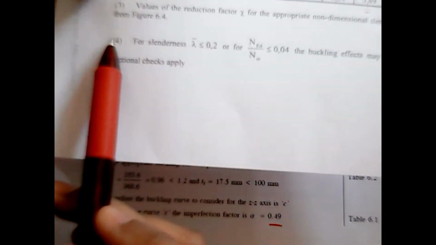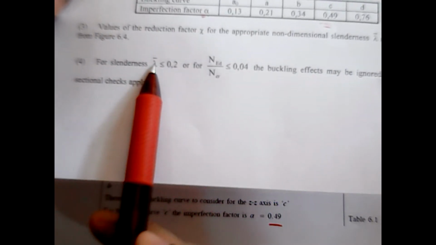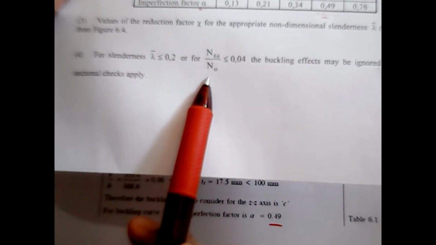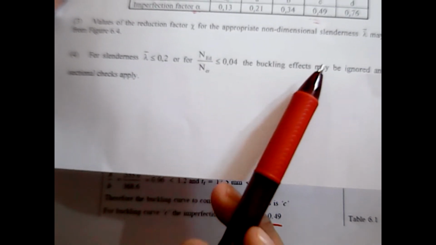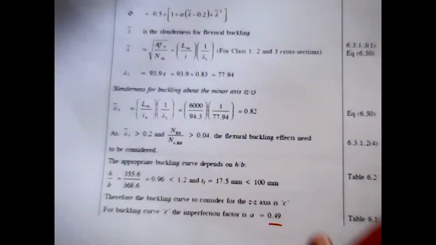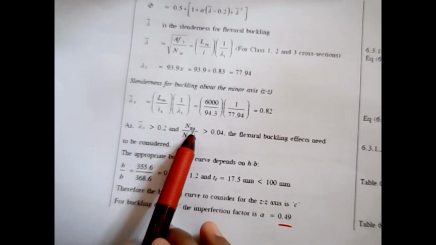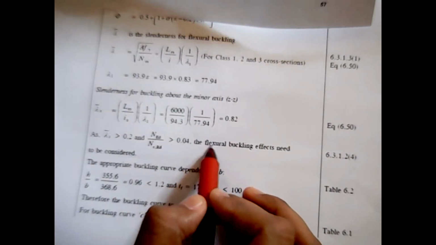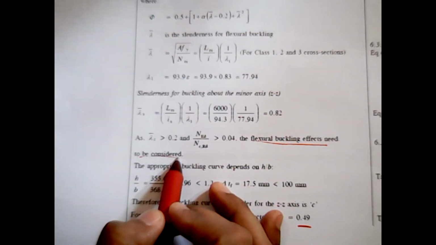For slenderness, which in your case is lambda Z, if slenderness is less than 0.2, or if NED over NCR is less than 0.04, then the buckling effects may be ignored and only cross-sectional checks apply. So in this case, you check that your lambda Z is larger than 0.2 and your NED over NCR is larger than 0.04. Therefore, you can conclude that the flexural buckling effects need to be considered, meaning that you cannot ignore the flexural buckling effects.